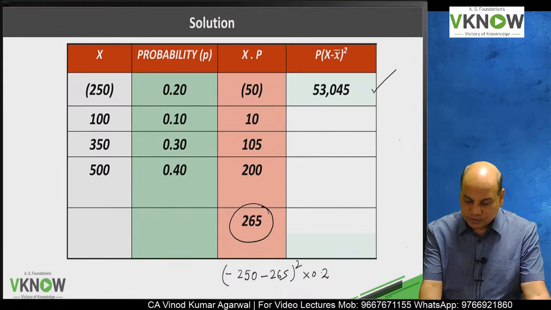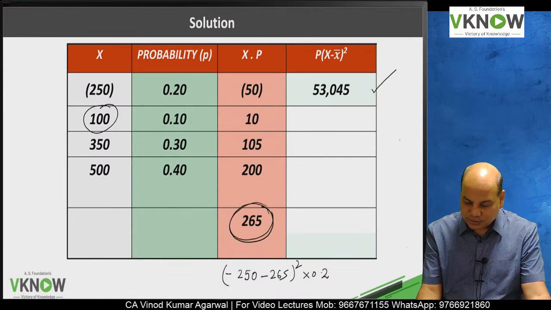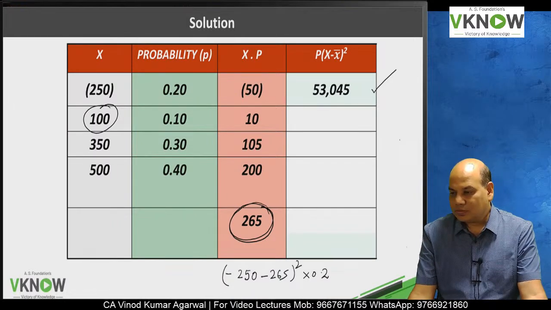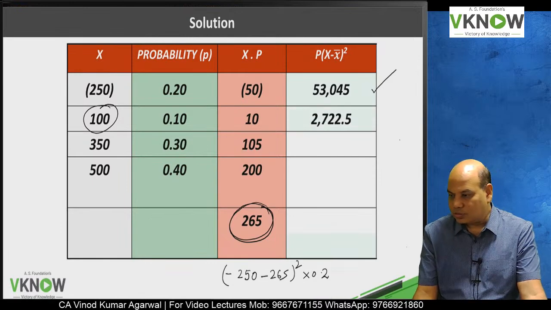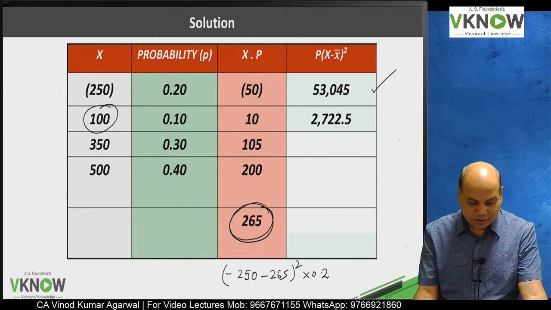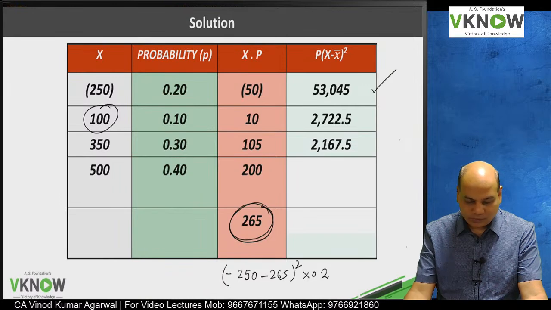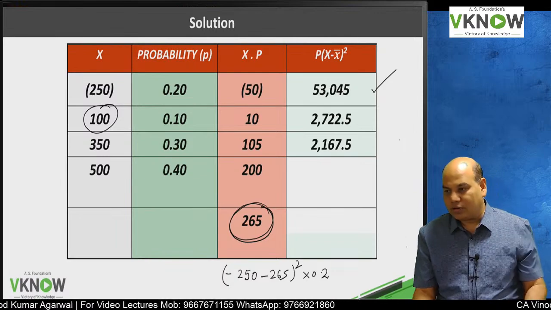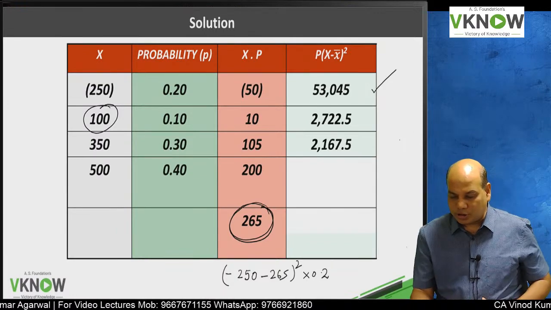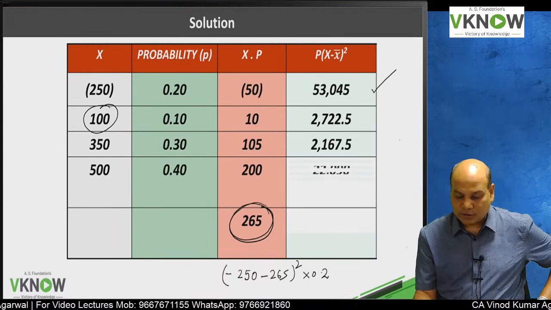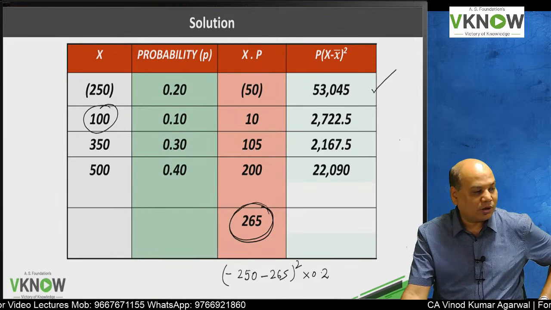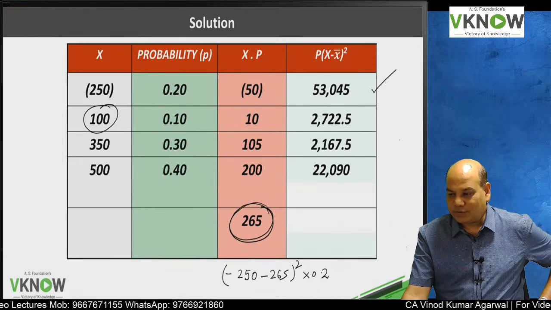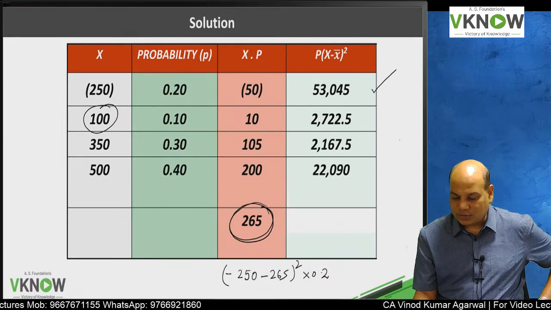Next try. 100 minus 265 square into 0.10, 2722.5. Next, 350 minus 265 square into 0.3, 2167.5. 500 minus 265 square into 0.4, 22,090.